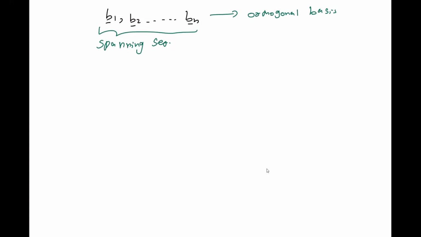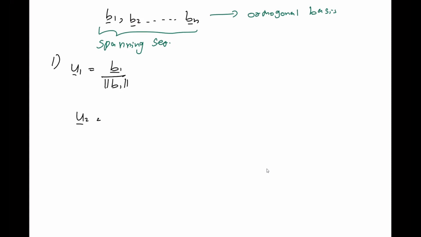Let's say the first step is you assign the first vector divided by its magnitude as your first orthonormal basis vector. At the second step, or afterwards, you get U2 as something like this.